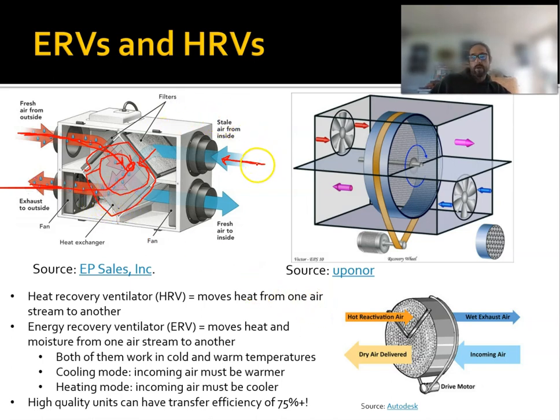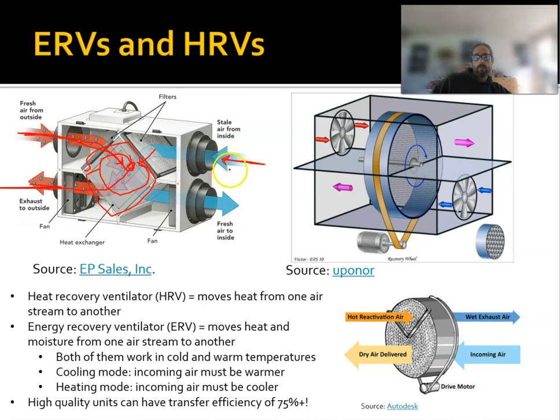So we start out with cold air, and normally the cold air would just go right out and we'd bring warm air right in. But if we can use a heat exchanger, we can absorb some of this heat and dump it into this cold air before it goes outside. So it basically pre-cools the air coming in.